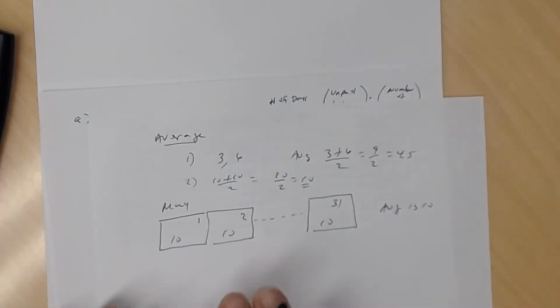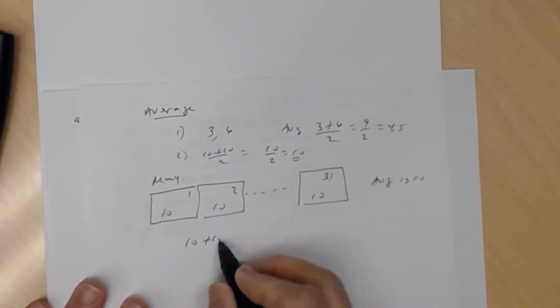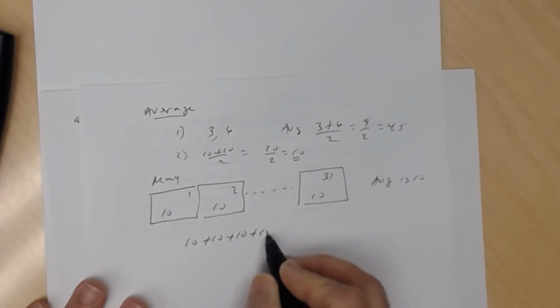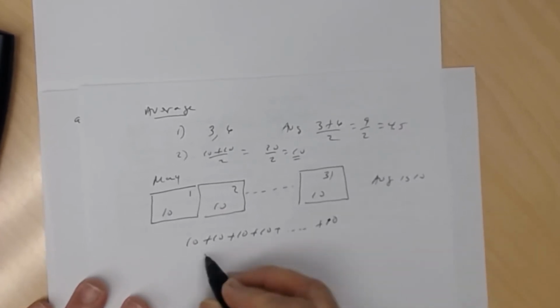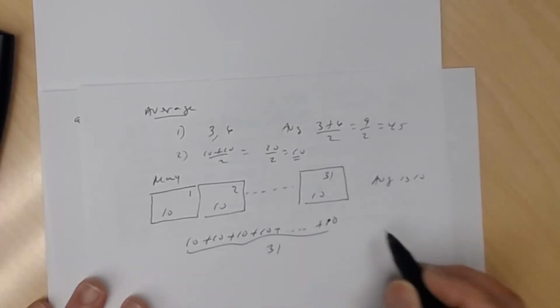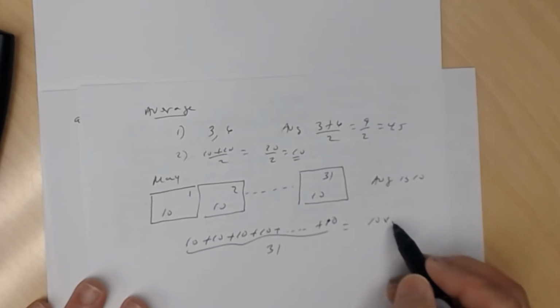So rather than saying 10 plus 10 plus 10 plus 10, 31 times, you can just say 10 times how many times it occurs.